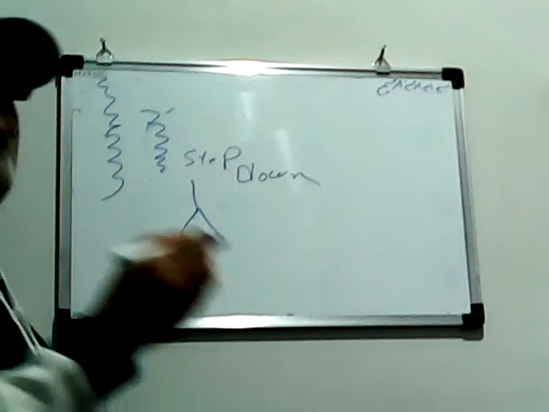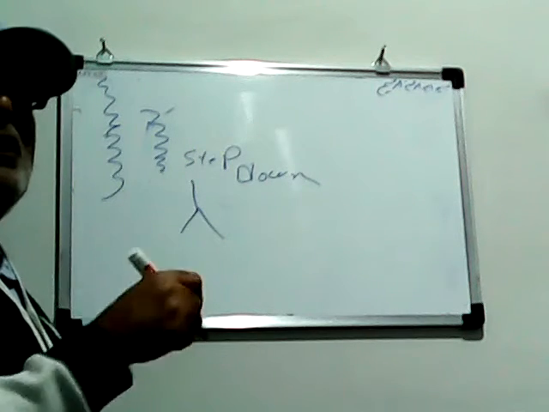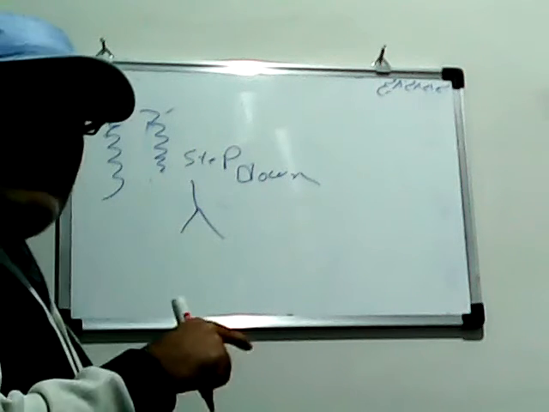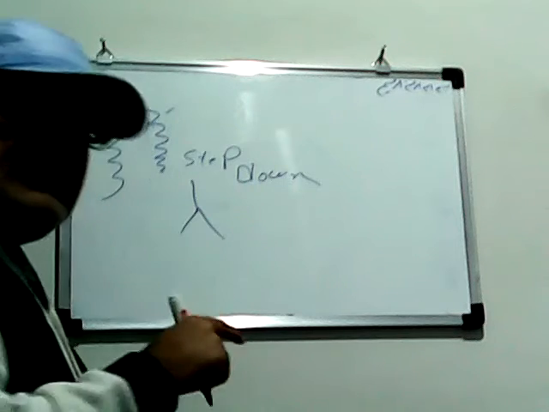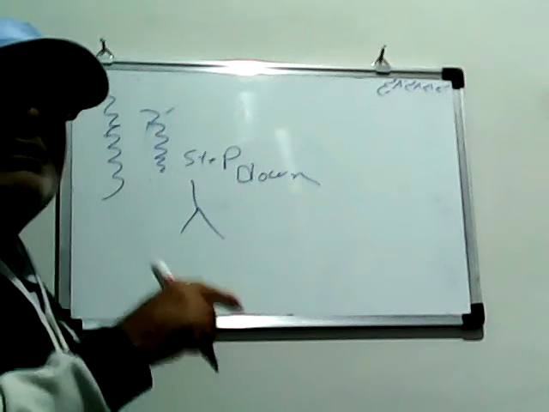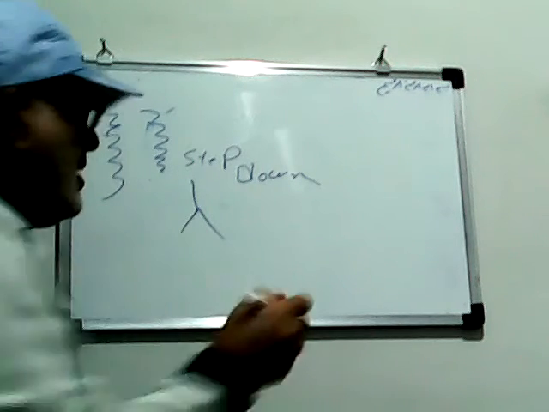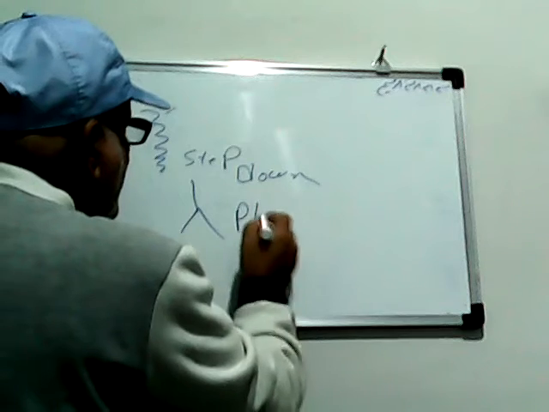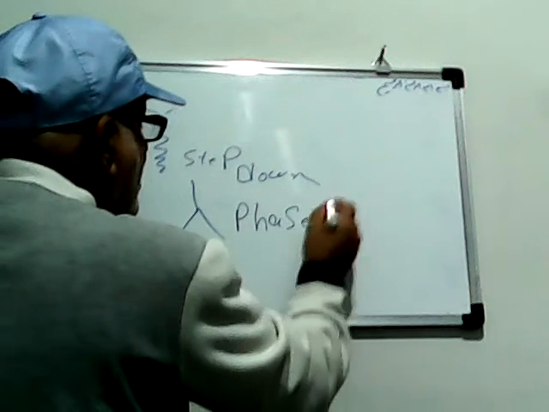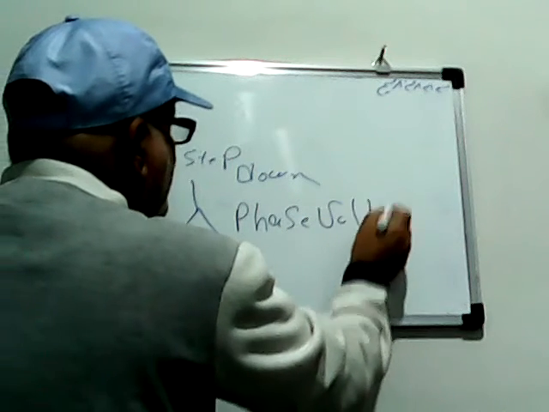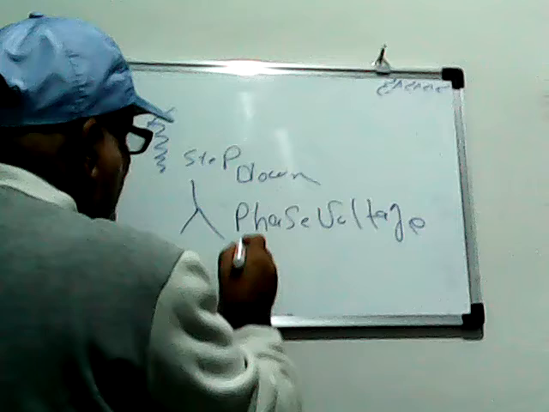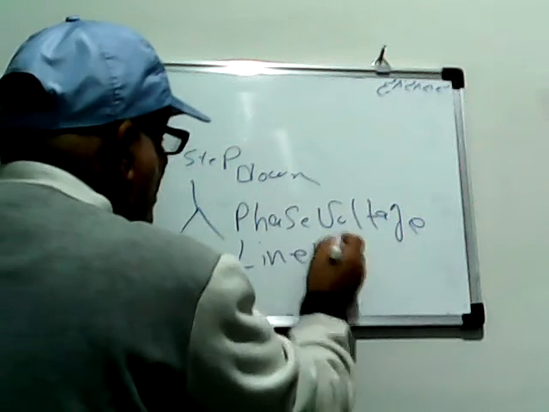Most of the time it is star, because with a star it is easy to get two voltages, phase voltage and line voltage.